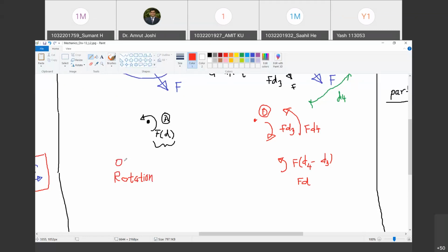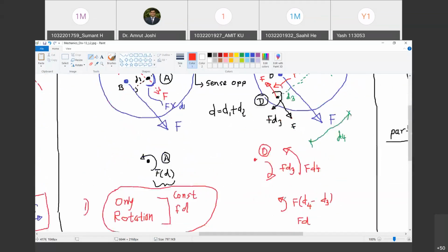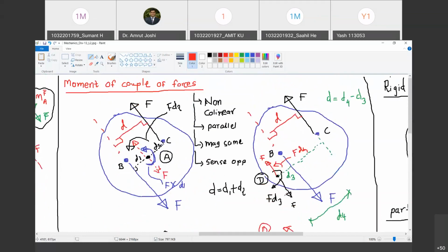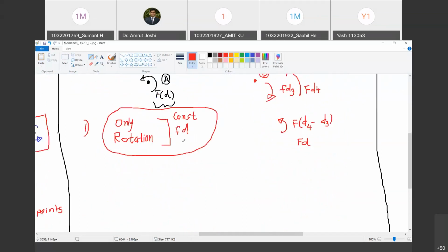And this rotation is going to occur under the constant moment F into D. Happy? Yes, sir. Choose any point on the body, all points are going to experience only rotation, and that rotation too occurs under the same moment F into D. Irrespective of point chosen, the magnitude of moment is going to remain F into D. Are you with me? Yes, sir.